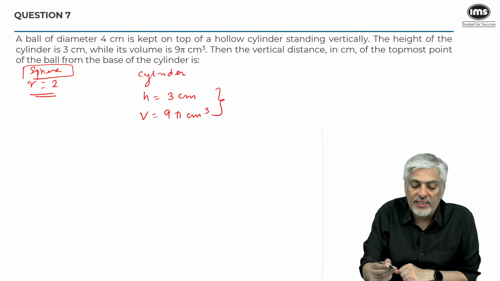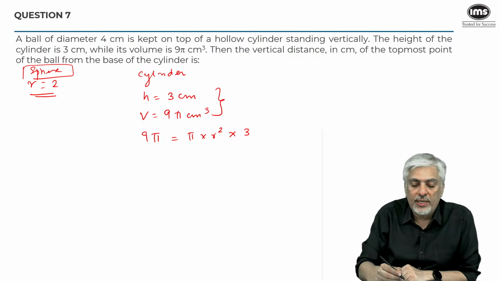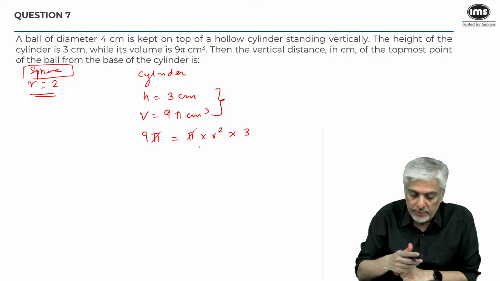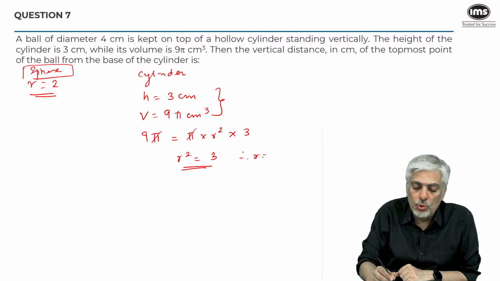So can I first find the radius using these two? Volume for a cylinder is pi r square h, right? So pi cuts out. 3r square is 9 pi, so r square is 3 and we get r is root 3.